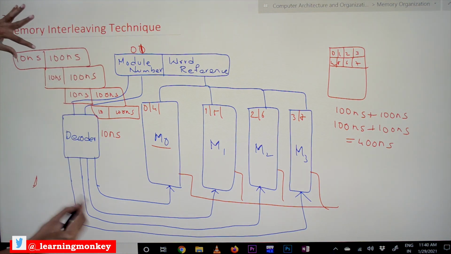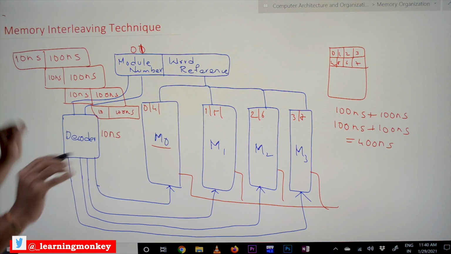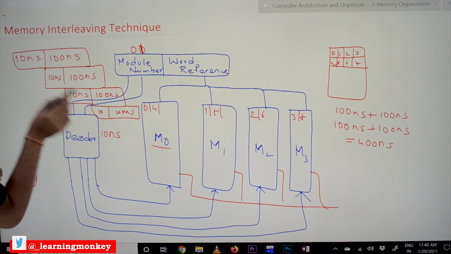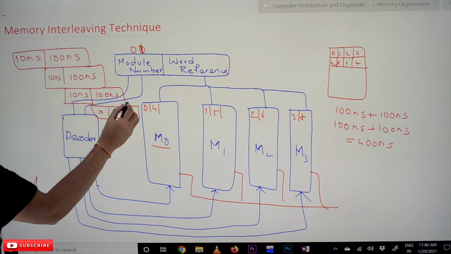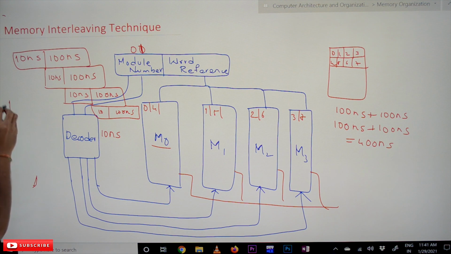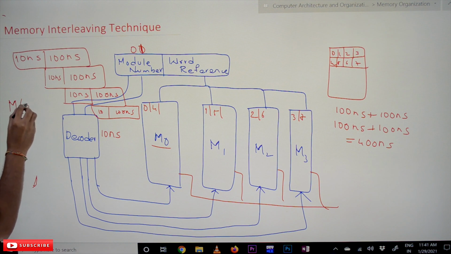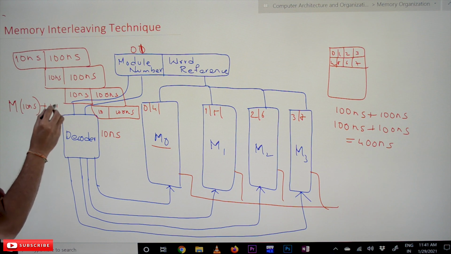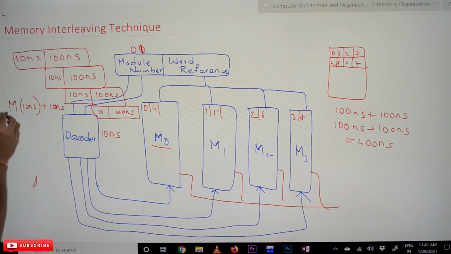So what is the advantage that we are going to get? Previously we were going to take 400 nanoseconds, but here, at the end, how many modules are there? 4 modules are there. So the number of modules into 10 nanoseconds for each module, plus 100 nanoseconds, is the amount of time taken by this memory interleaving technique. The number of modules is 4, so it is 40 nanoseconds.